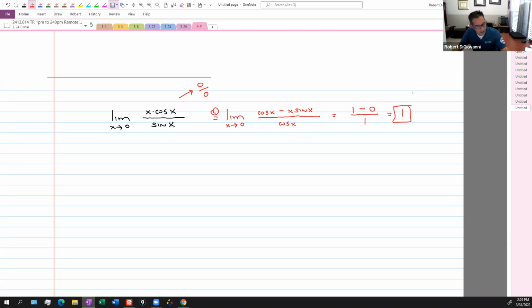All right, here's one that's bad. I know this one's not going to be good. Limit as x goes to infinity of x plus 1 over the square root of x squared plus x. That one won't be good.